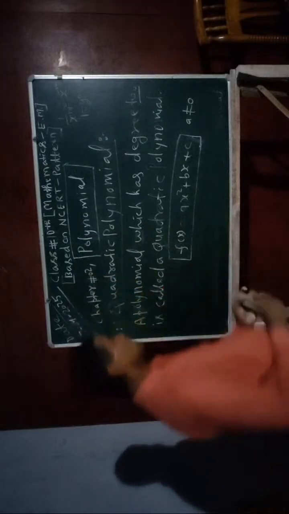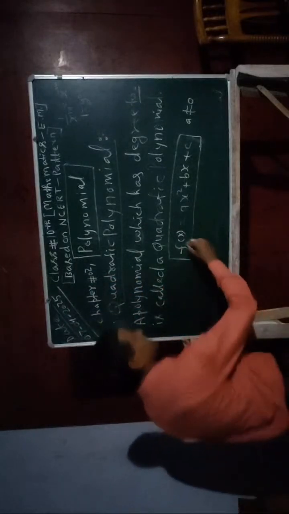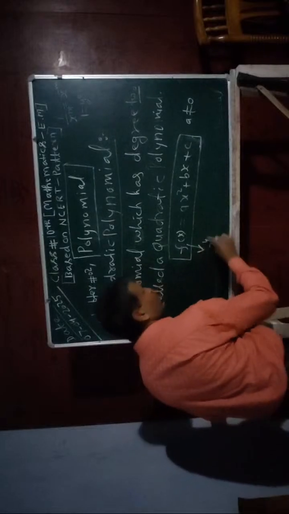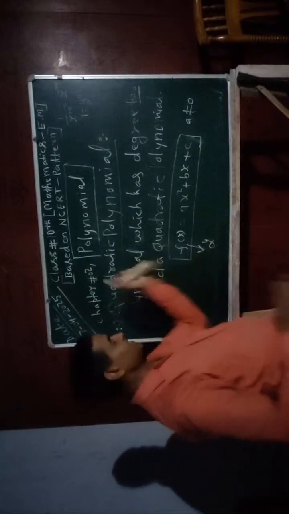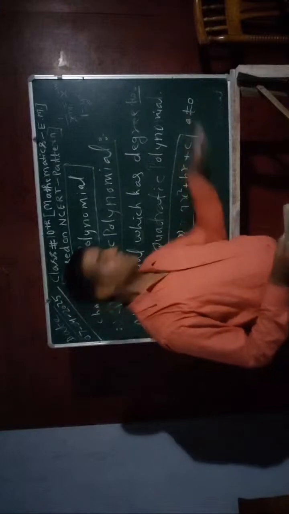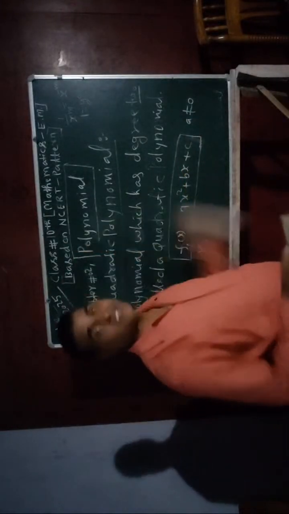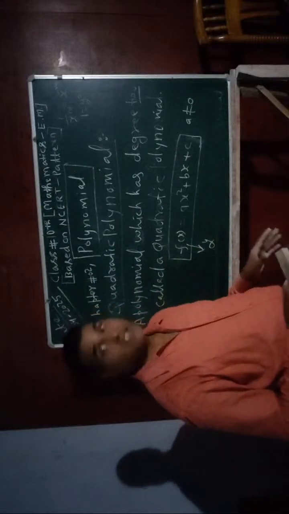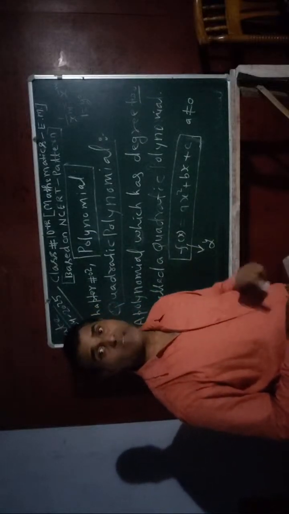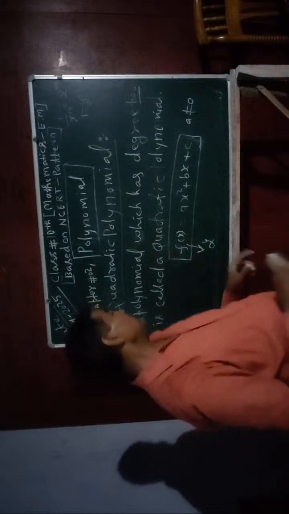Okay student, sometimes f of x is written as y. So y belongs to the y-axis and x belongs to the x-axis. The value of x is called domain and the value of y is called range. Okay student, if you are getting any confusion, write a comment and I will explain your issue.